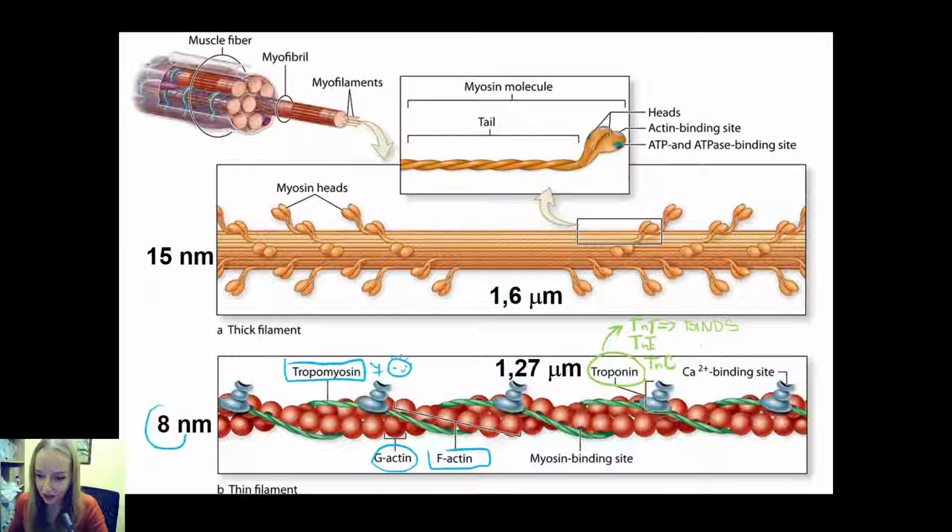Troponin I is called I because it has such a conformation at rest that it inhibits the binding of myosin and actin. The basic rule of contraction is that myosin and actin bind together.